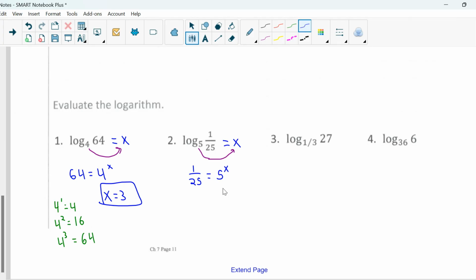Remember, in order for us to go from a whole number to a fraction with an exponent, we are going to need negative exponents. So once again, we can write these out. 5 to the negative first equals 1/5. 5 to the negative second equals 1/25. So in order for my equation to be true, I would need x to equal -2.